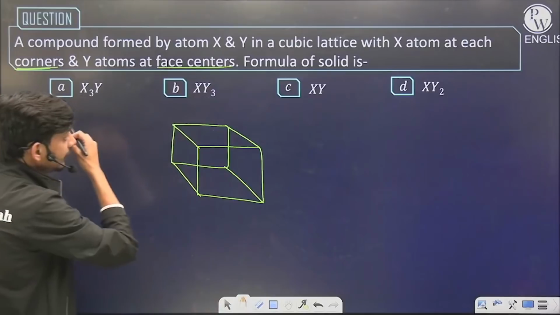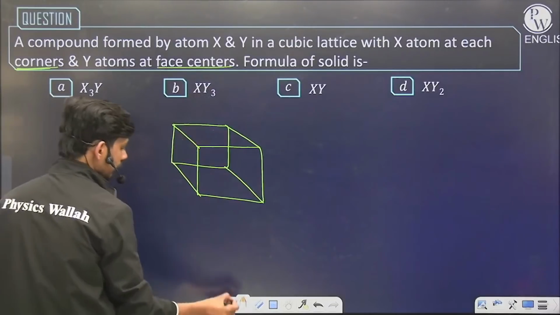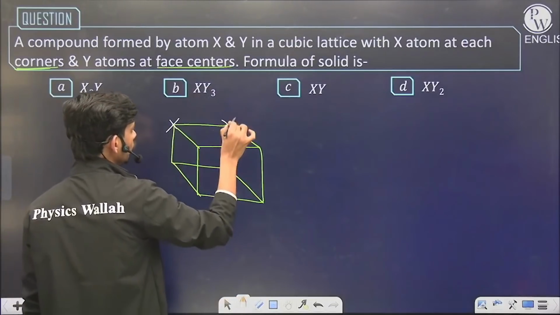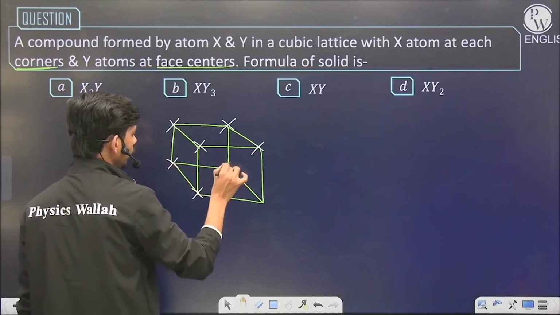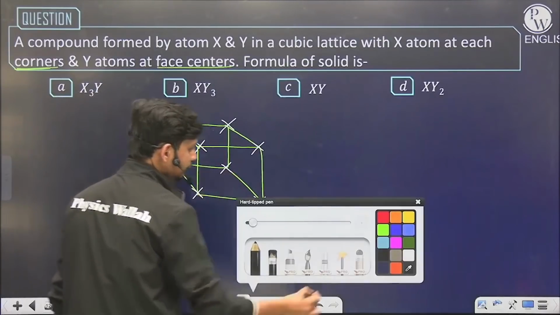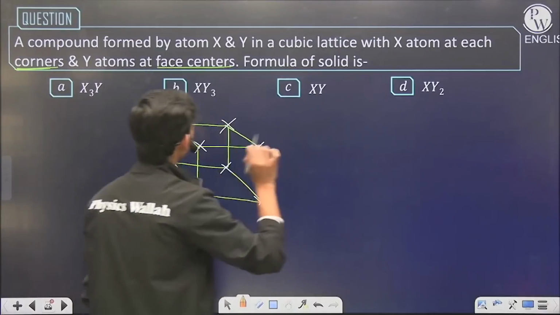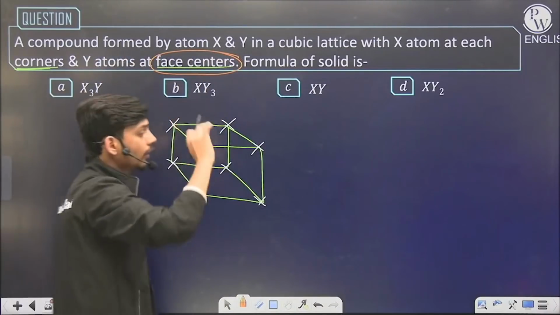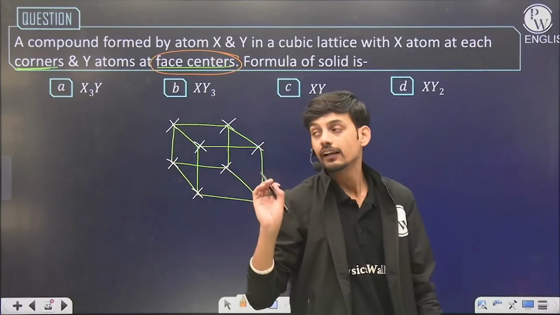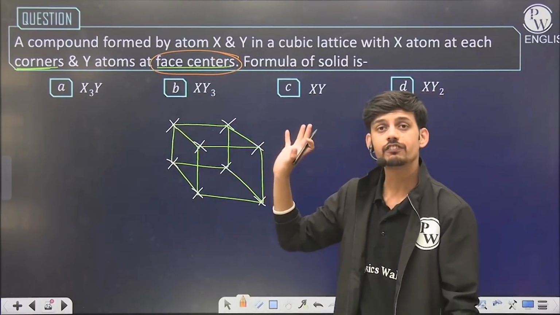So the question is saying the X atom is at corner. So we have X atoms at each corner. It is not saying corner centered or face centered, only corner. And again it says Y atom at face center. Now attention here that face center is written, not face centered.